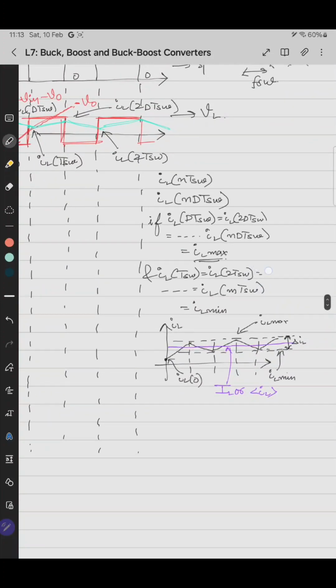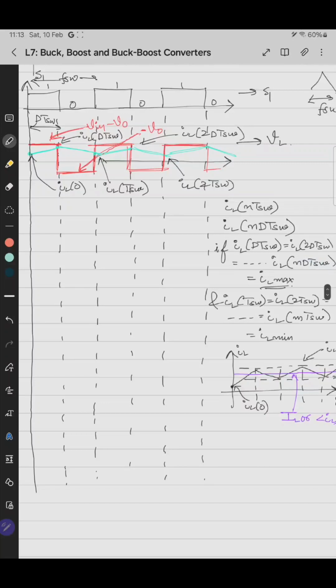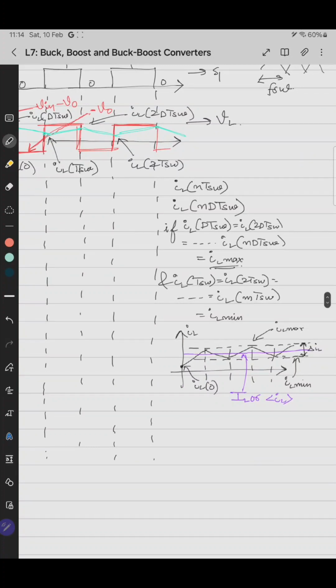So if you make sure that the value of the inductor current at all on times is equal to some IL max, and the value of the inductor current at the end of each switching cycle is equal to IL minimum, then we'll find that the average value of inductor current is almost constant, which is desirable. Why? Because let's assume that IL should be constant since IL load is constant.